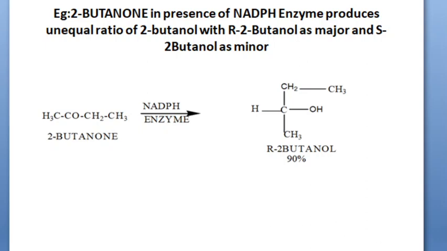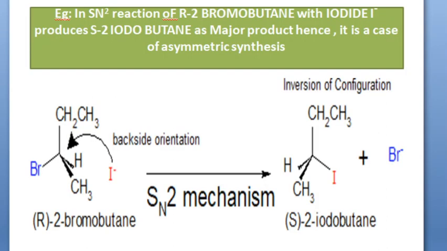Similarly, let us see one more example here. R-2-bromobutane. Nucleophilic substitution reaction. SN2, bimolecular nucleophilic substitution reaction we are looking at, wherein R-2-bromobutane reacts with iodide, iodide from potassium iodide.